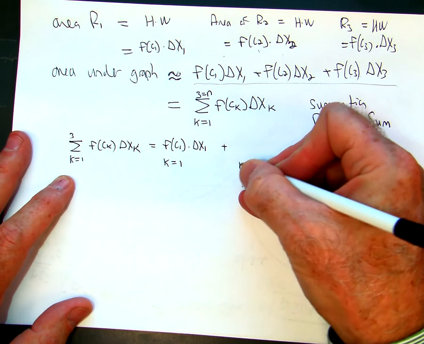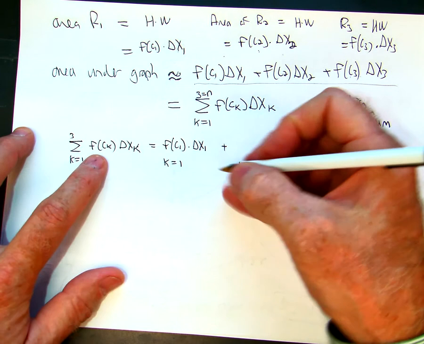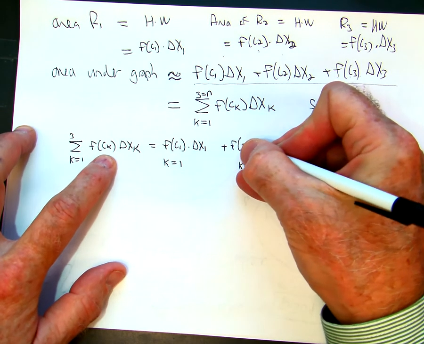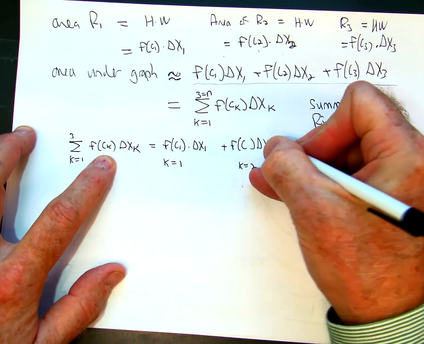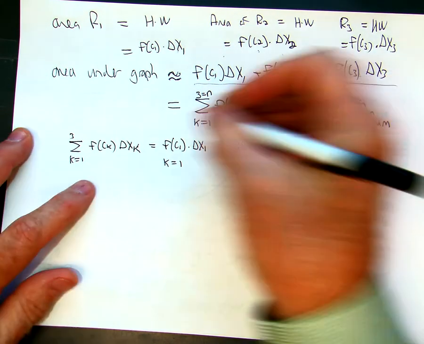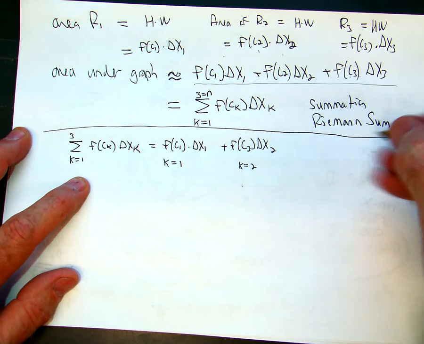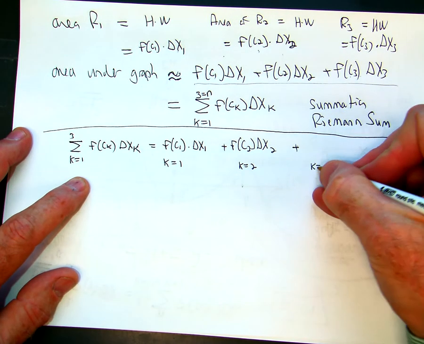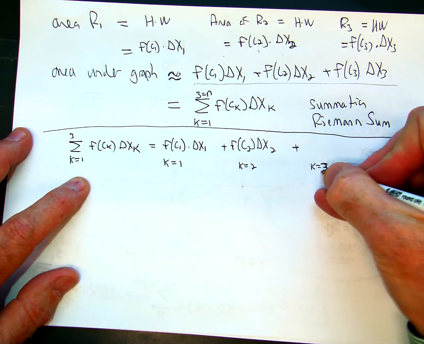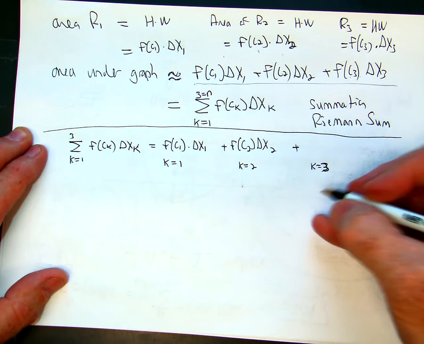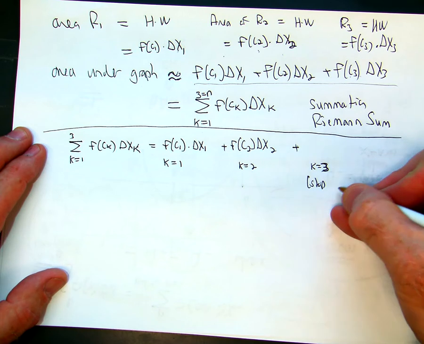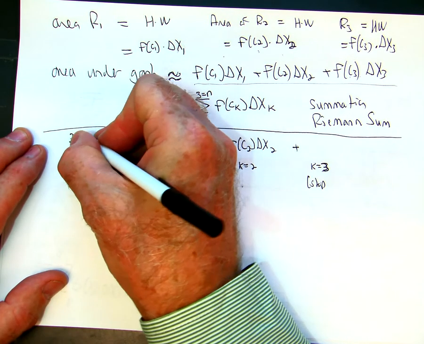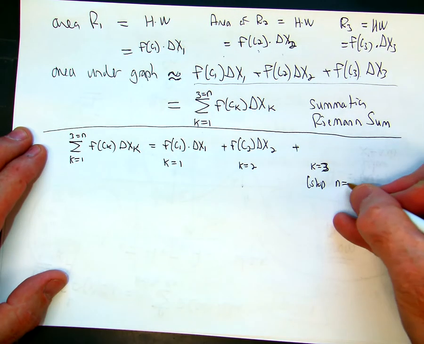Then you let k equal 2, and you do the same thing. You write what's here, and you put 2's in. Then you let k equal 3, and that's where you stop, because n is equal to 3, the stopping point.